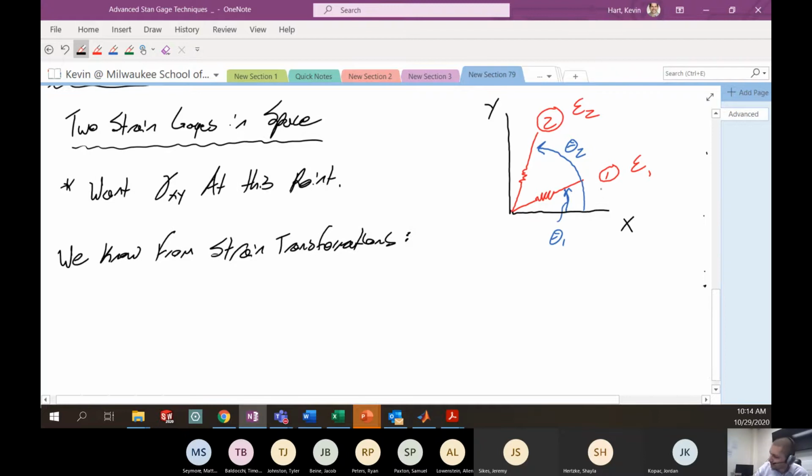If I want to write epsilon 1 in terms of this angle theta, and some things that I know about strain in x, strain in y, and the shear strain gamma xy, I could do that. So I know from strain transformations that the strain in one direction, which I'm measuring from this gauge, is this general equation here, which we learned in lecture.